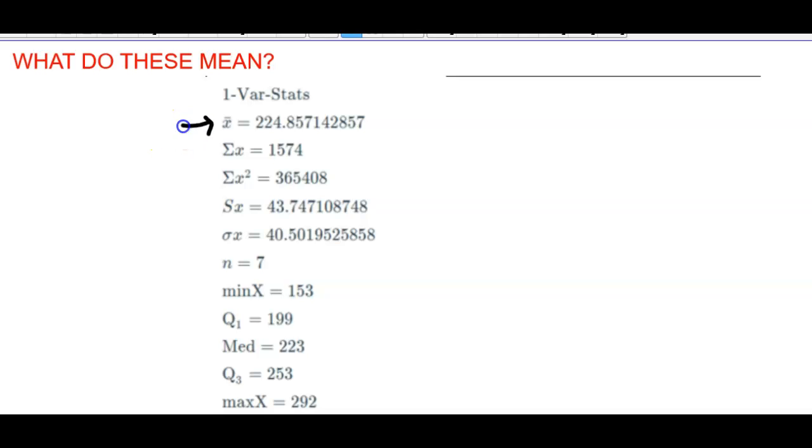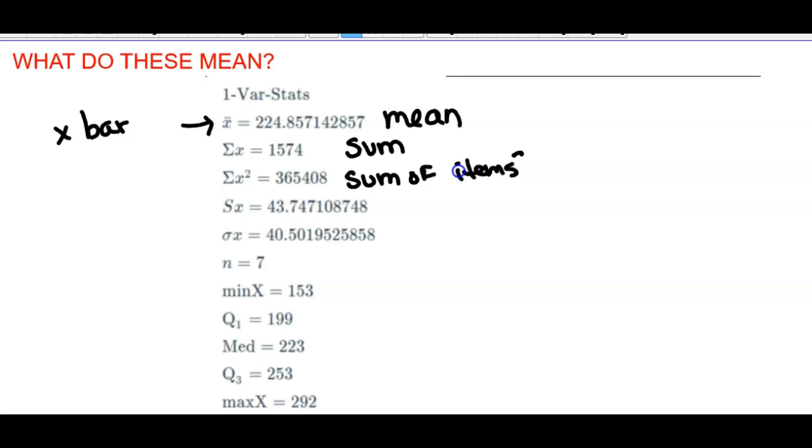This X bar, you just call it X bar, is the mean. This is the sum of all of the items. This is the sum of their squares. So you'd square each separate item and then add that up.